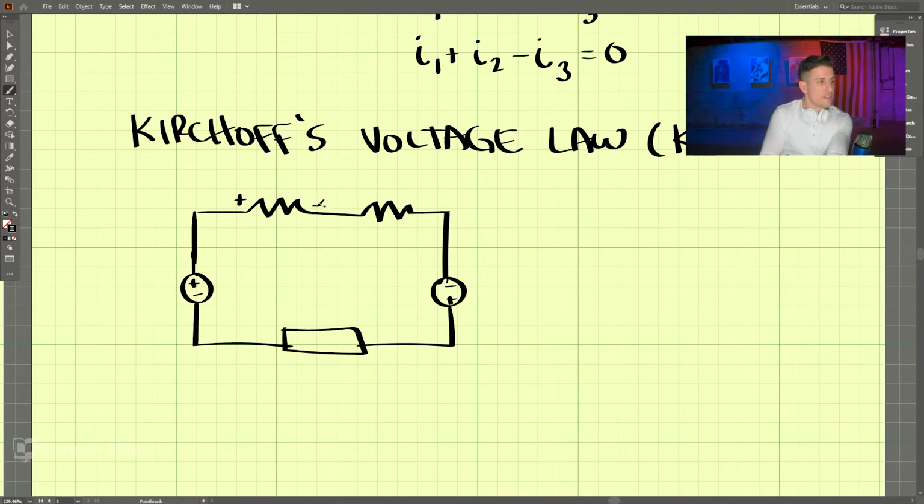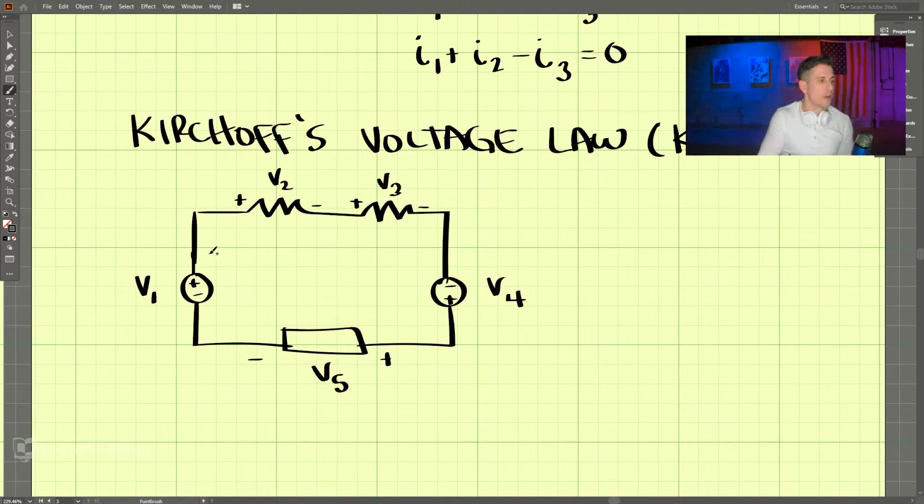So these are resistors. This is a resistor. This is a resistor. And we'll call this V2, V3. These are the voltages across each resistor. We'll call this V1. And this is V5. And this will be V4. 1, 2, 3, 4, 5. And what we're looking at here is the voltage around a loop.